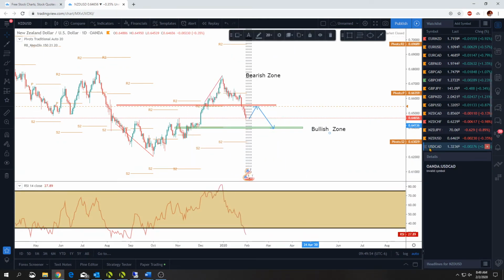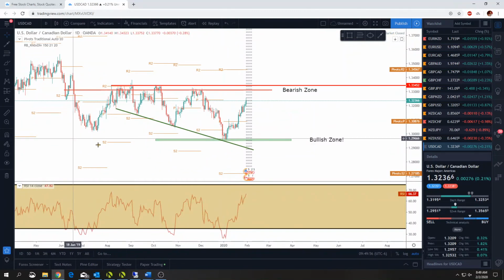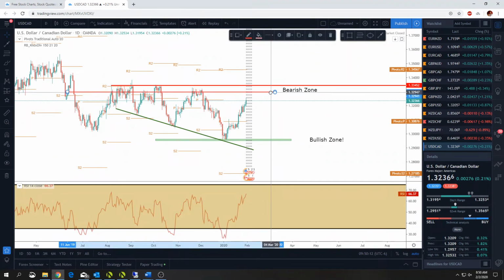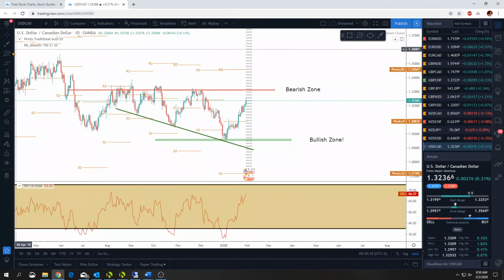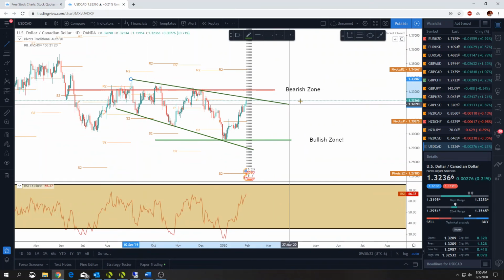All right. USD Canadian. I kind of like where we have our zones. Price got down to this bullish area. This is a couple weeks and I'm really not going to get excited about any trade on this pair until I see what price does up here in this bearish area. Let's just go ahead and draw a trend line across these tops.